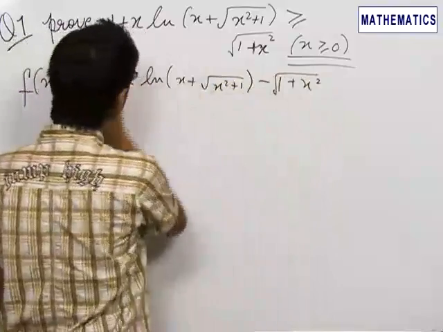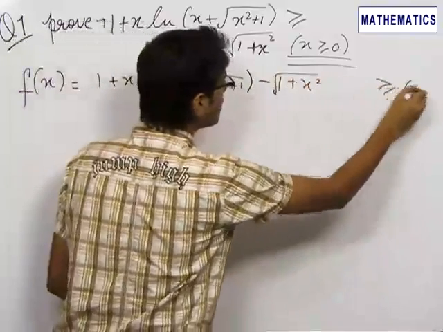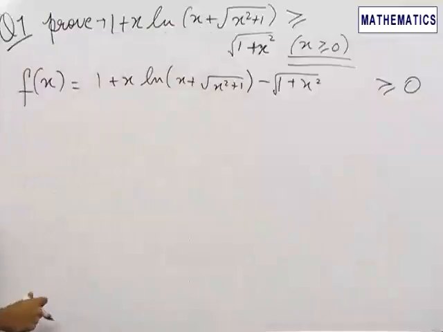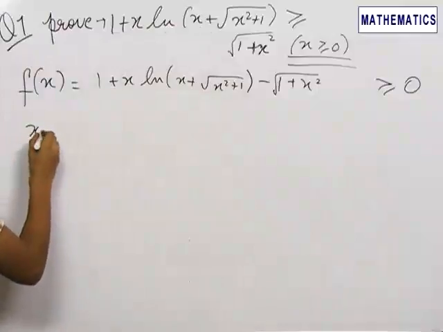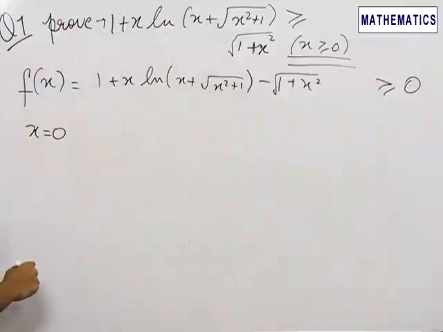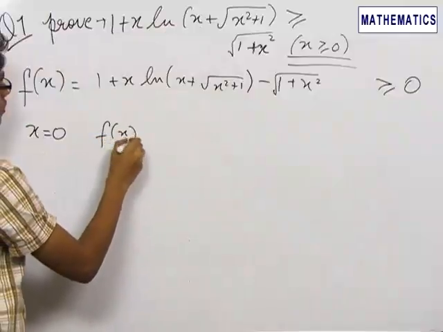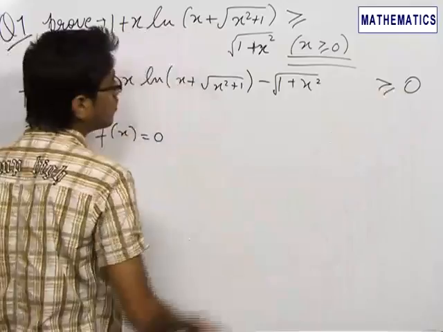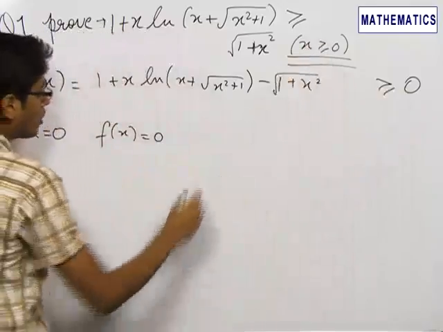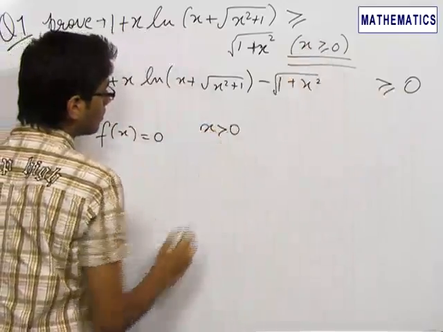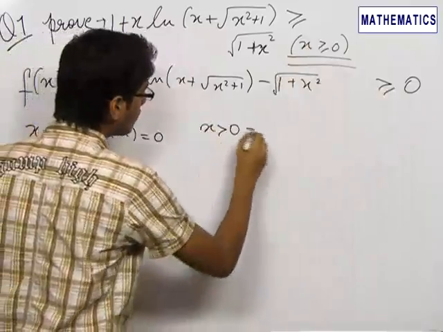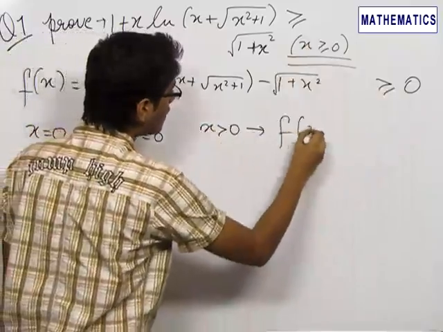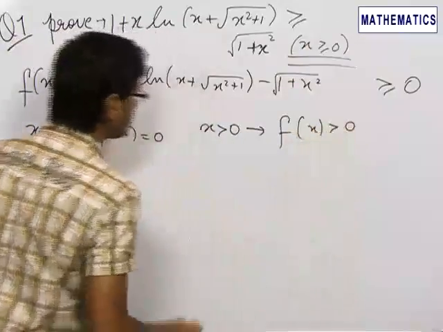Now we just need to prove this f(x) is greater than or equal to 0. Now very clearly, if we put x equals 0, then f(x) is equal to 0. So the equality part has been proved for x equals 0. So for the inequality part, x greater than 0, we need to prove that f(x) has to be greater than 0.